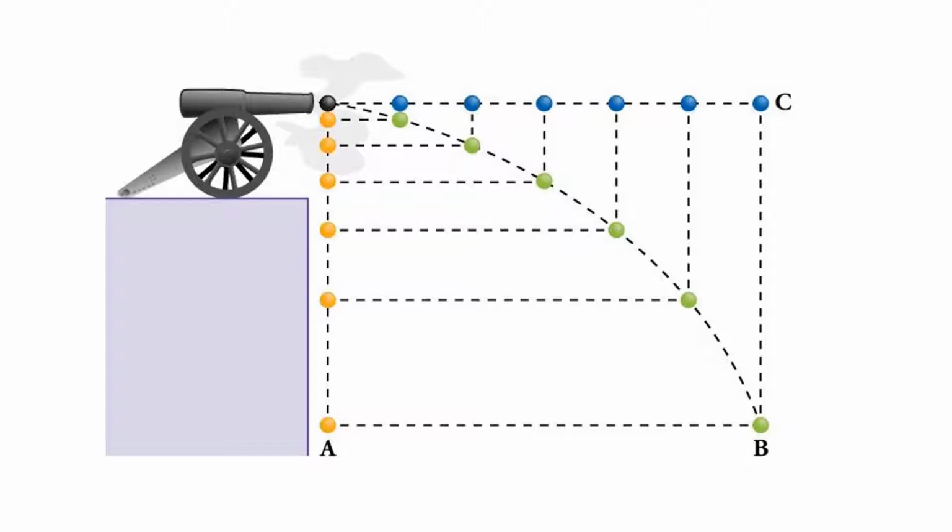So what I mean is, if I were to fire this cannon, the way it's arranged, and I was also to drop a regular cannonball right at the same time, they would both hit the ground at the same time. That's what this little thing I have up here at the front is going to show us.